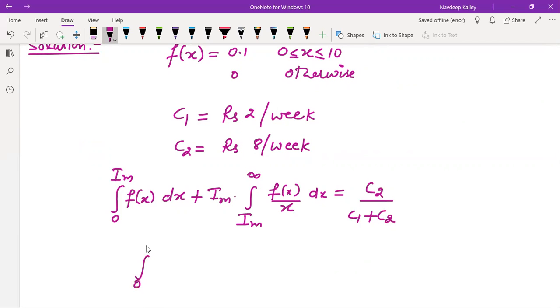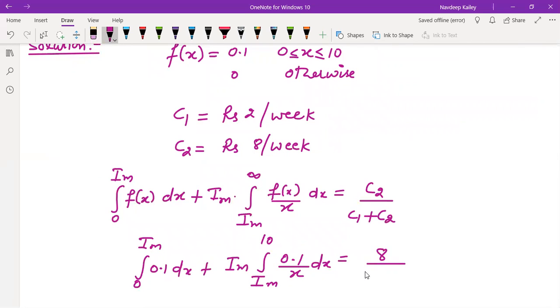This becomes the integral from 0 to Im of 0.1 dx plus Im times the integral from Im to 10 of 0.1 upon x dx is equal to 8 upon 2 plus 8.